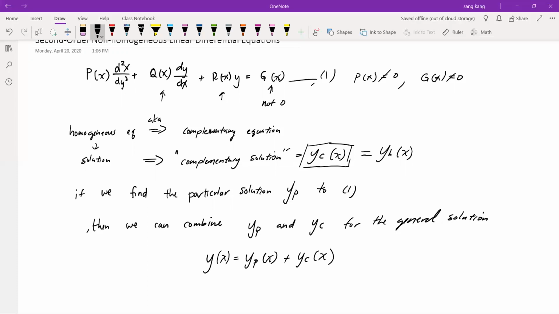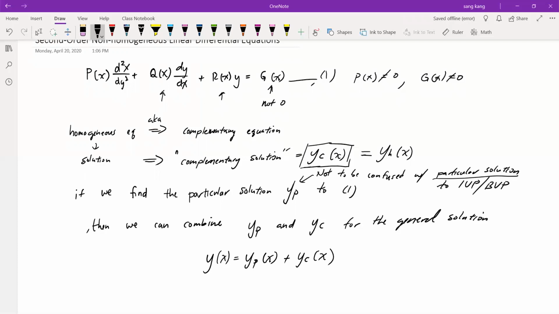And this, so I've mentioned particular solution in the past, and this is not to be confused with a particular solution to an initial value problem or boundary value problem. I know it's a little confusing, so actually moving forward, I will no longer refer to these as particular solutions.